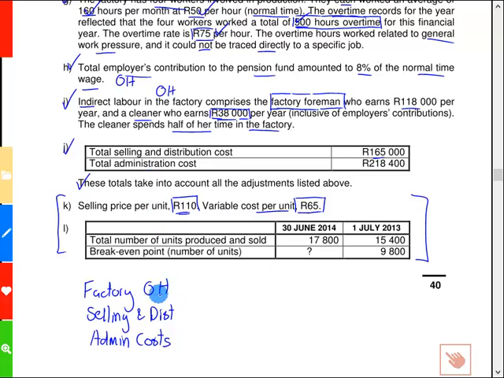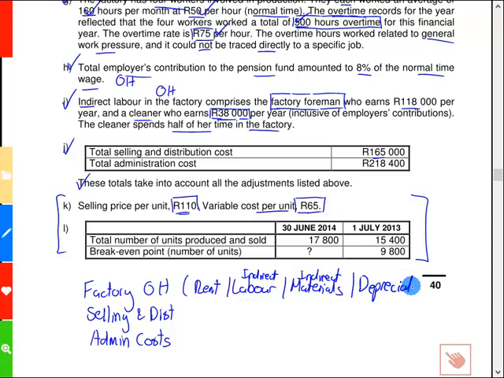If you think of the costs that are normally included in factory overheads, it's normally rent, labor, indirect materials and indirect labor, depreciation, etc. Most of these costs are fixed, like your rent and the depreciation.